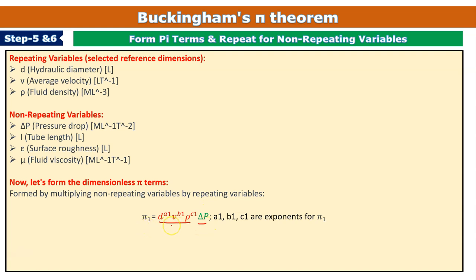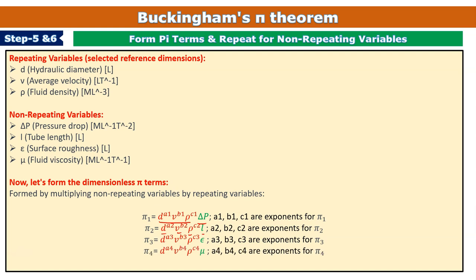Pi 2 will again be D to the power a2, v to the power b2, rho to the power c2, multiplied by one non-repeating variable. Similarly pi 3, with epsilon as the non-repeating variable, and pi 4. For every pi term, a1, b1 and c1 are the exponents for pi 1, and a2, b2, c2 for pi 2.